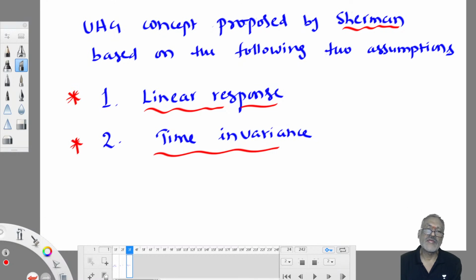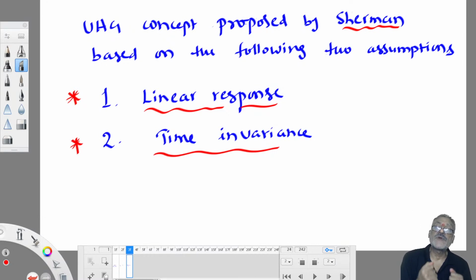Exactly the same way, if 1 centimeter of runoff produces a discharge of so and so cubic meter per second, then if 5 centimeters of runoff is yielded by the catchment, how much discharge can we find in the stream? That we can work out by using the linear response assumption. So 1 centimeter runoff from a catchment produces a stream discharge of 10 meter cube per second.